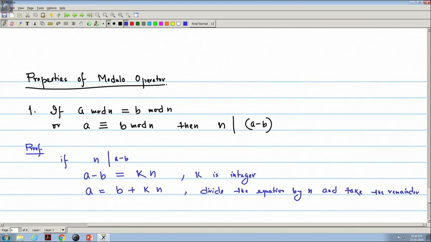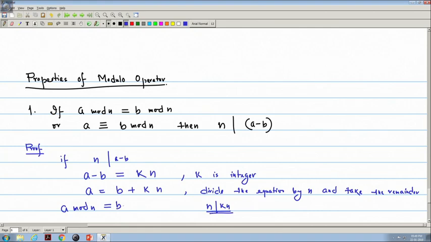So, the remainder will be a. The LHS will give a modulo n, and if I divide it by n and take the remainder, since I am dividing by n, kn has no remainder, because n divides kn, it is divisible.